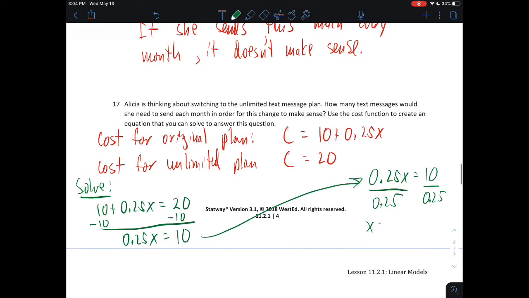And then that tells me that x is equal to 10 divided by 0.25. That gives me 40. And remember that 40 stands for the number of texts above 200. So she would need to send 200 plus 40, or 240 texts.